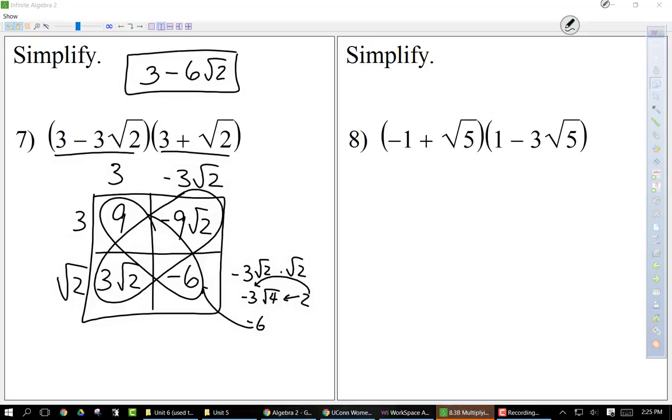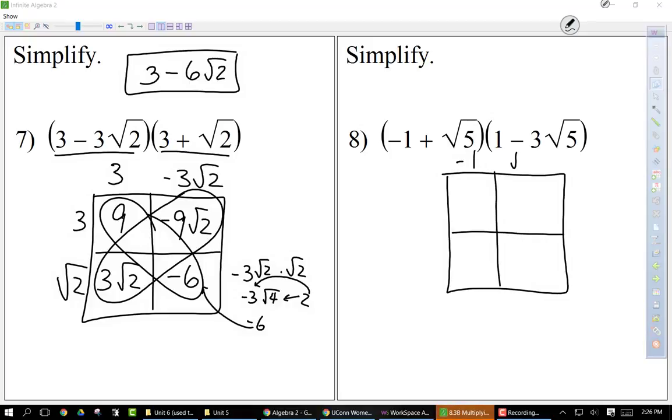Let's go to number 8. They're not always going to work out like that. They just happen to on that one. So let's make a box. Negative 1 root 5, and 1 minus 3 root 5. 1 times negative 1 is negative 1. 1 times root 5 is root 5. Negative 1 times negative 3 root 5 is 3 root 5. Negative 3 root 5 times root 5 is negative 15.